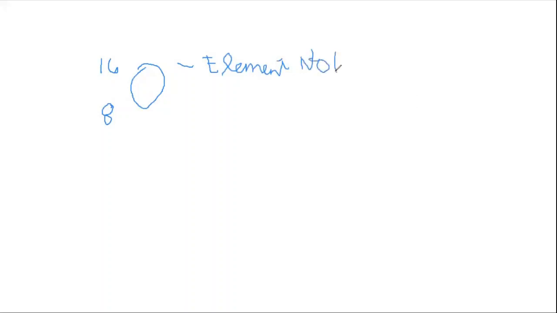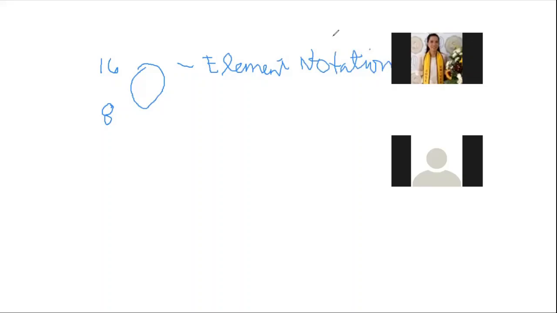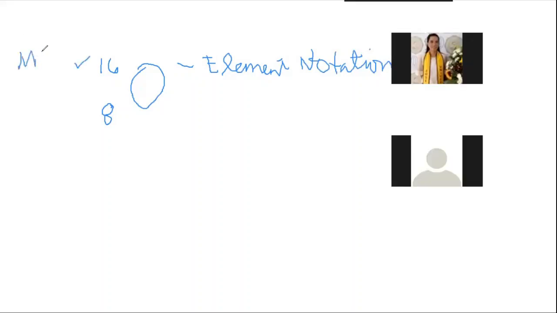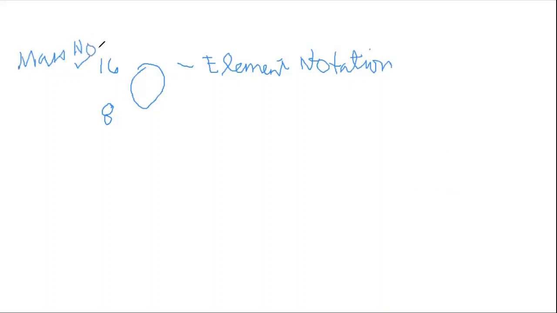When you are writing the element notation, remember that this one is what we call the mass number. Always remember that the mass number, when you are writing an element notation, should be rounded off into a whole number.